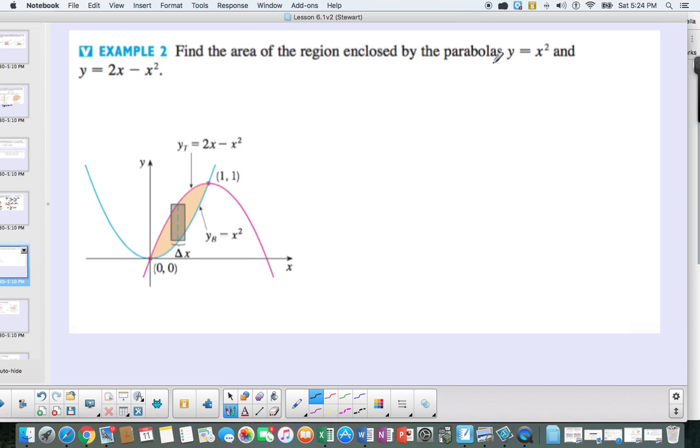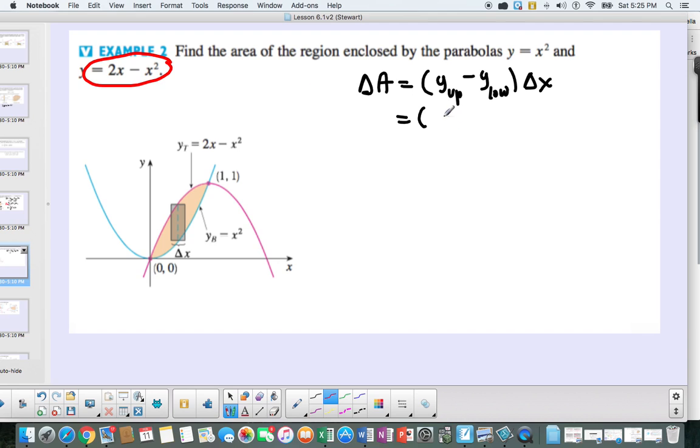Let's try another. Again, delta A, always set up your representation for your small piece. And that's going to be the y of the upper minus y of the lower times the width, which will be delta x. The y of the upper is actually the parabola that's facing down, so that's going to be 2x minus x squared.